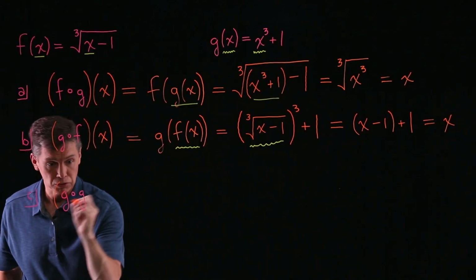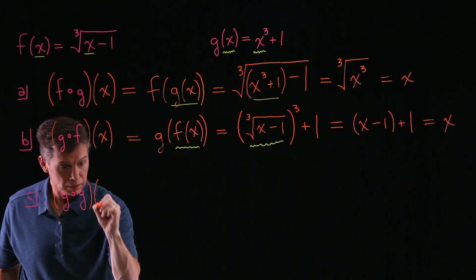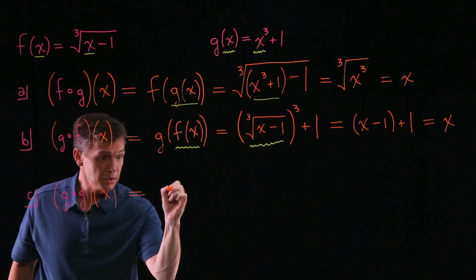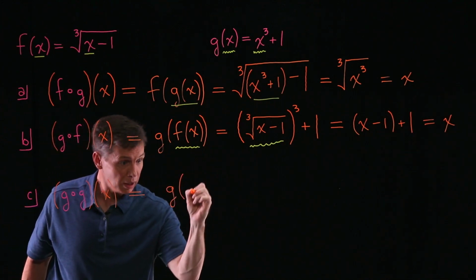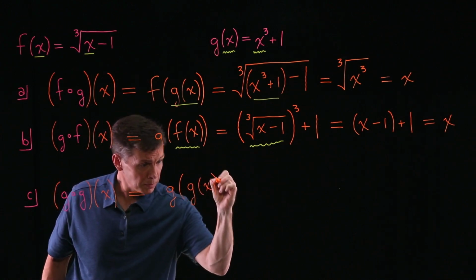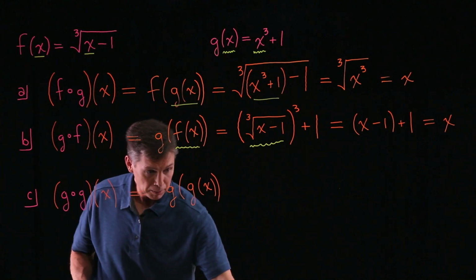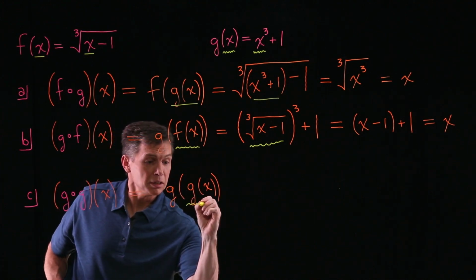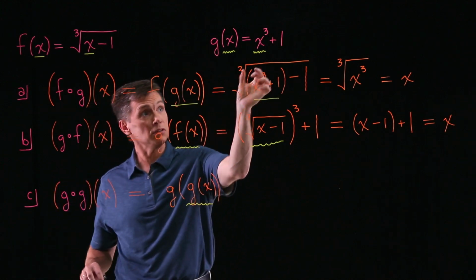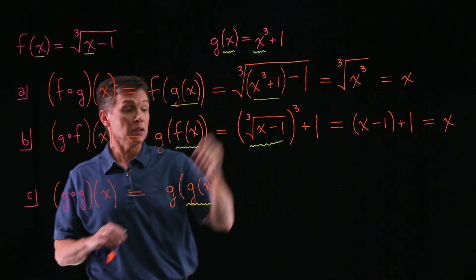So I still want to start by understanding that what that means in terms of notation is g of g of x. That sounds redundant, but the inner g of x is your argument that you're going to plug into g of x.